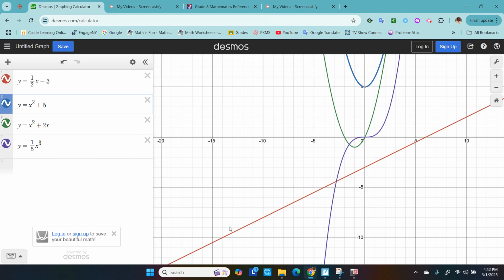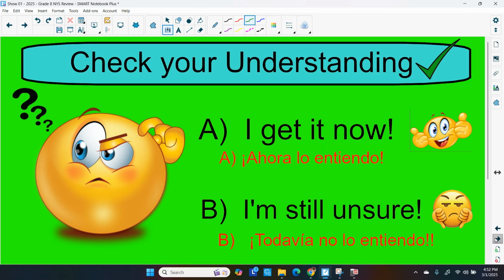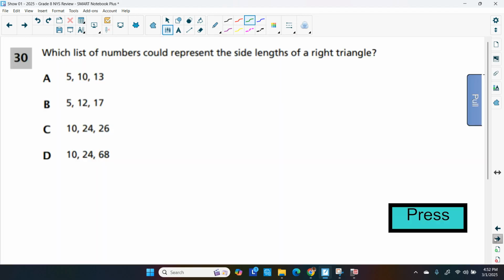So that's a nice little lesson on the different ones that we have. Okay, so linear, the answer is A because it has an exponent that is 1. So that's important to know. So I hope you're understanding what's going on. If not, rewatch the video and write down your questions. And I'm retired, but I will answer your question.